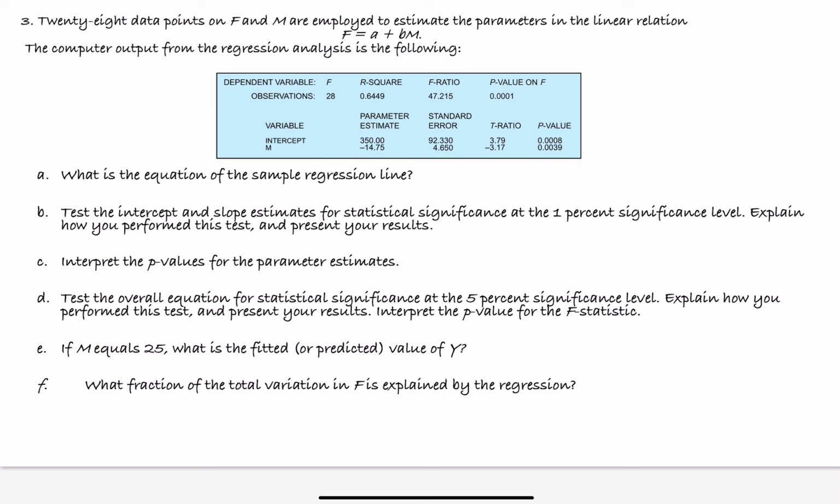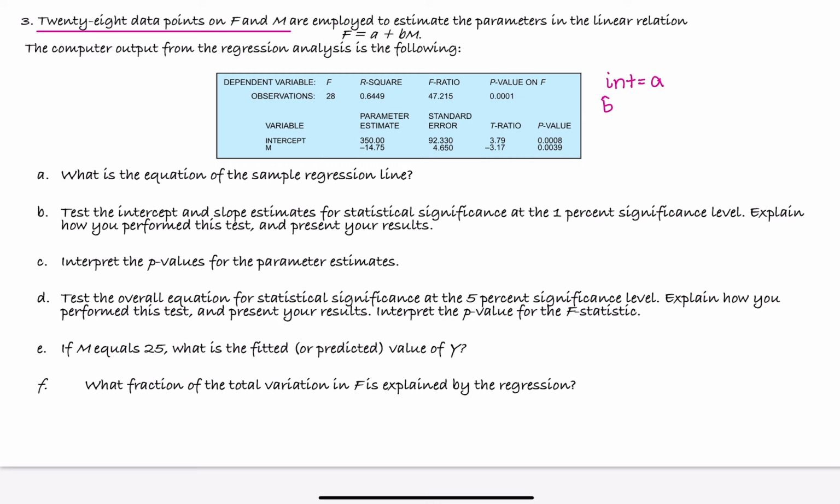Next one says we have 28 data points to estimate the following linear relationship. So we know that our intercept is going to be A, and our B hat is going to be represented by the other one.